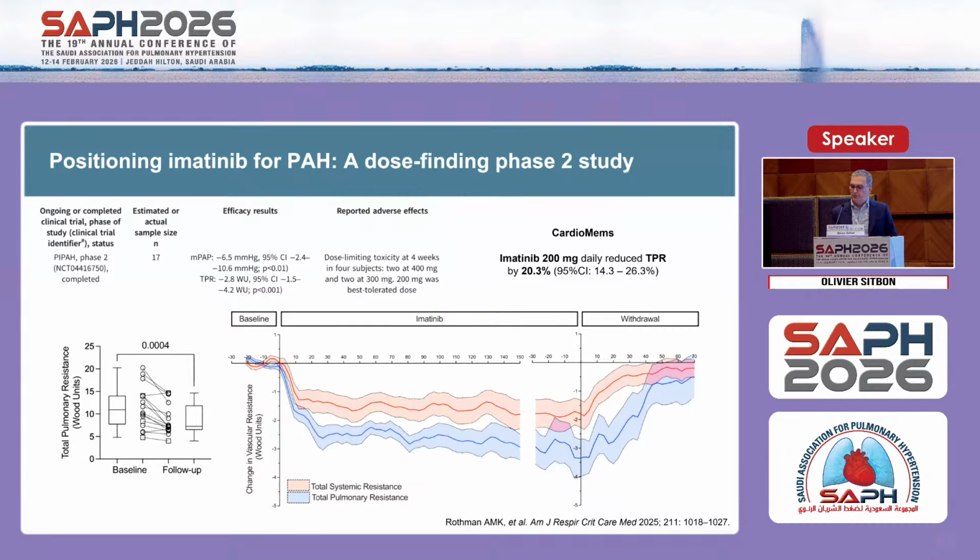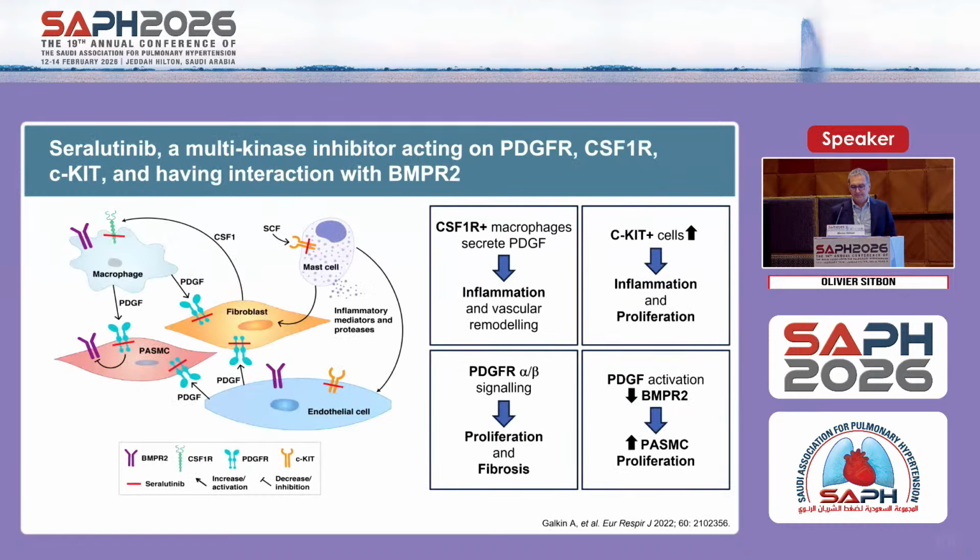But after withdrawal, we observe a slow return to the baseline value of pulmonary vascular resistance. So perhaps there is something to do with imatinib, but perhaps also at a lower dose.